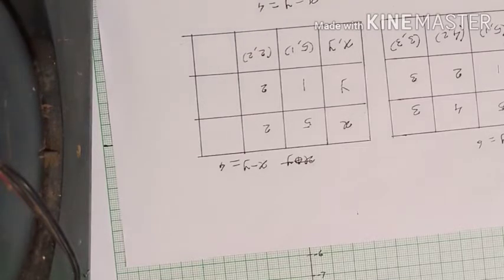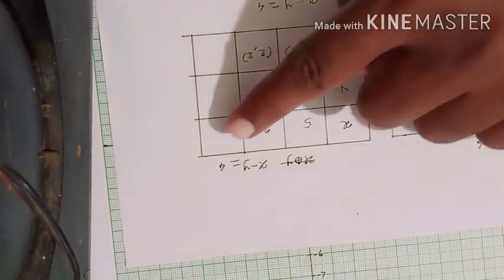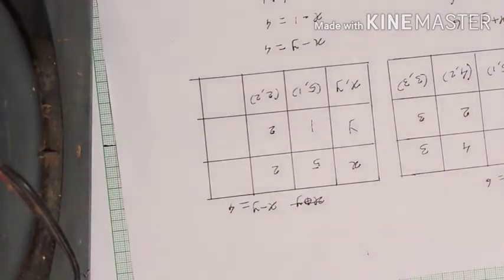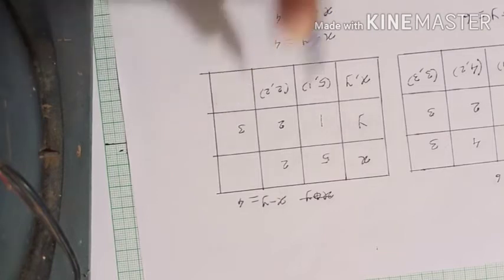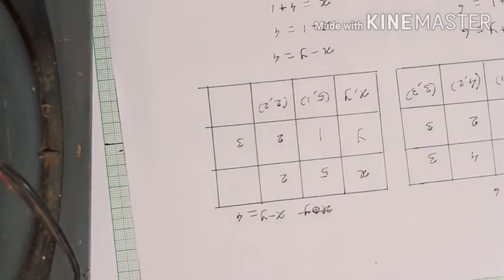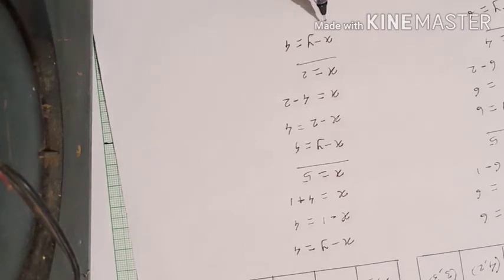And for the third box, or third equation, suppose the value of y is 3 here. Now, for calculating the value of x, we have to put the value of y in the equation. And the equation is x minus y is equal to 4. The value of y is 3 only.